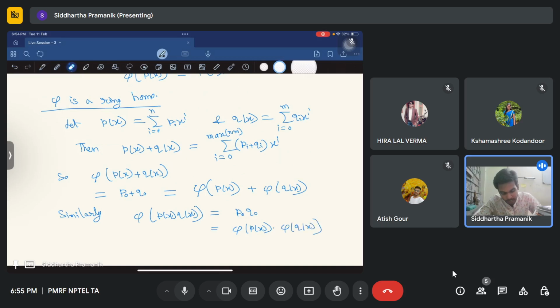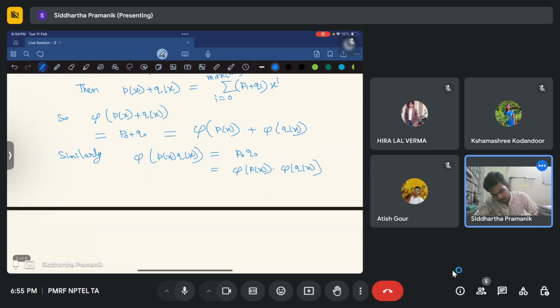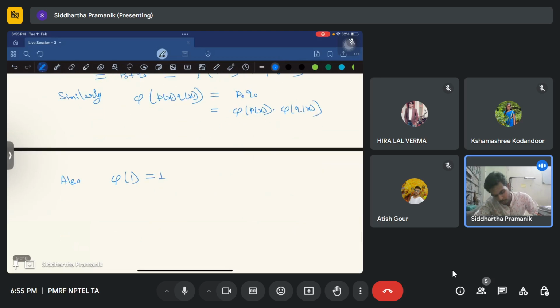So phi preserves addition and multiplication both. And also phi of 1 must go to 1, because if you take the constant polynomial 1 and evaluate at 0, you just get 1. So there is nothing to do. So phi is a homomorphism.